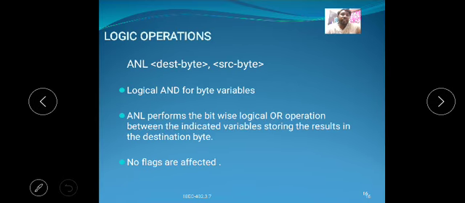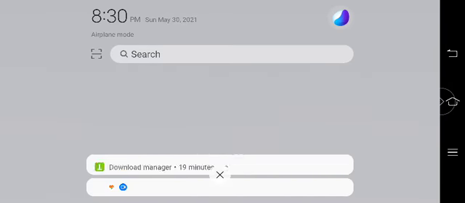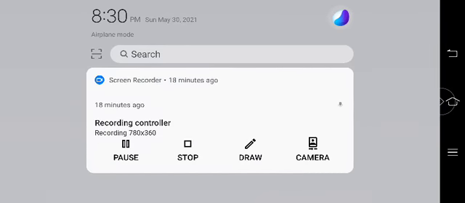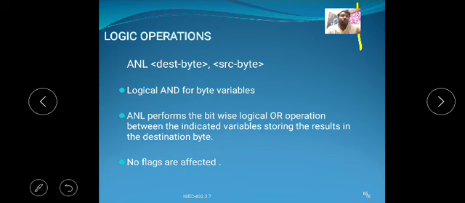The logical operations, like AND logic: ANL destination byte comma source byte.